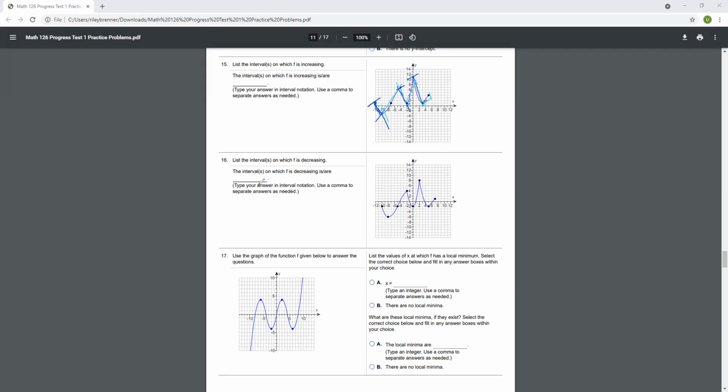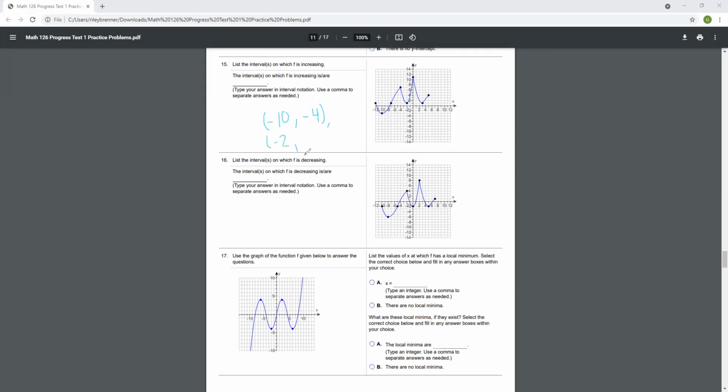So in this case, for the increasing, I'm going to have to clear it. It looks to be from negative 10 to negative 4. This one says to use a comma separated list. So that's something that you should look for instead of the unions that I was talking about earlier.